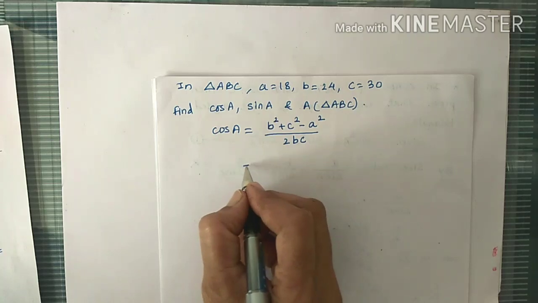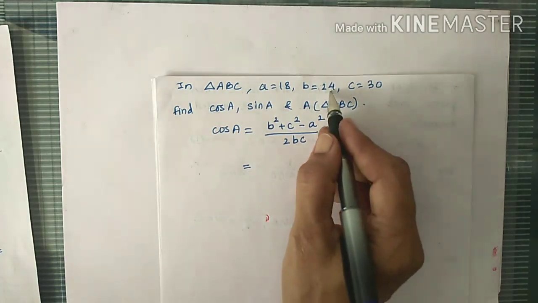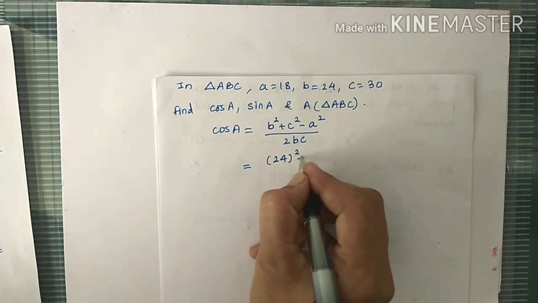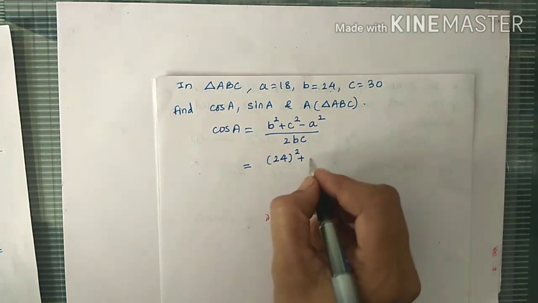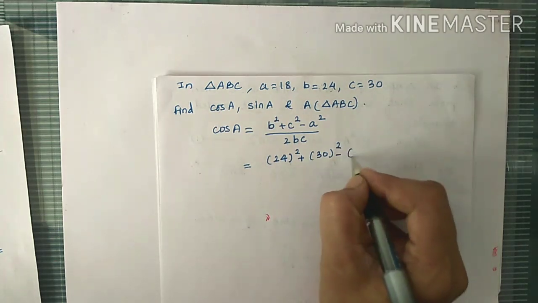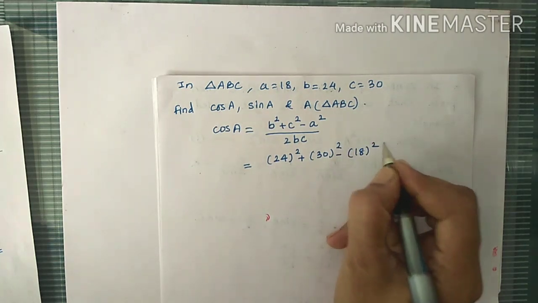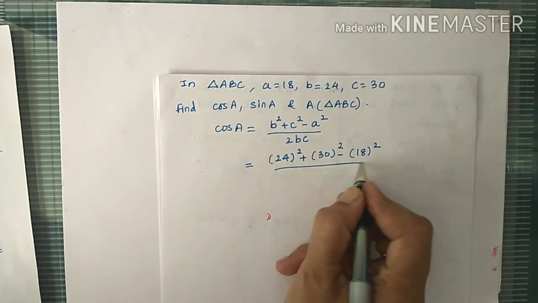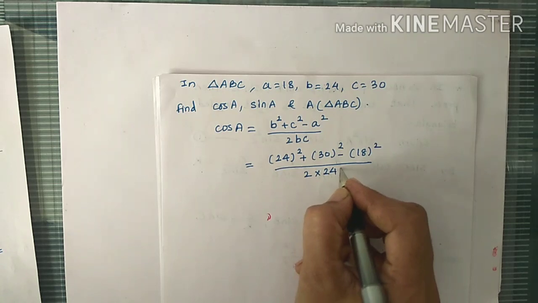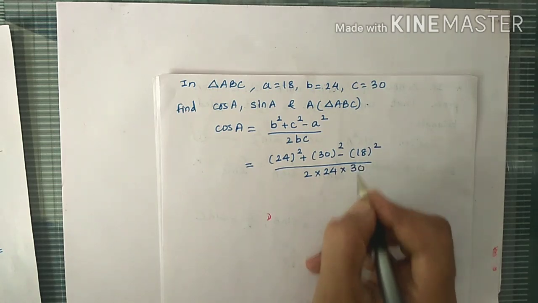Now substitute the values. Value of b is 24. So 24 square plus c square, that is 30 square, minus a square, that is 18 square, divided by 2bc. b is 24 and c is 30.